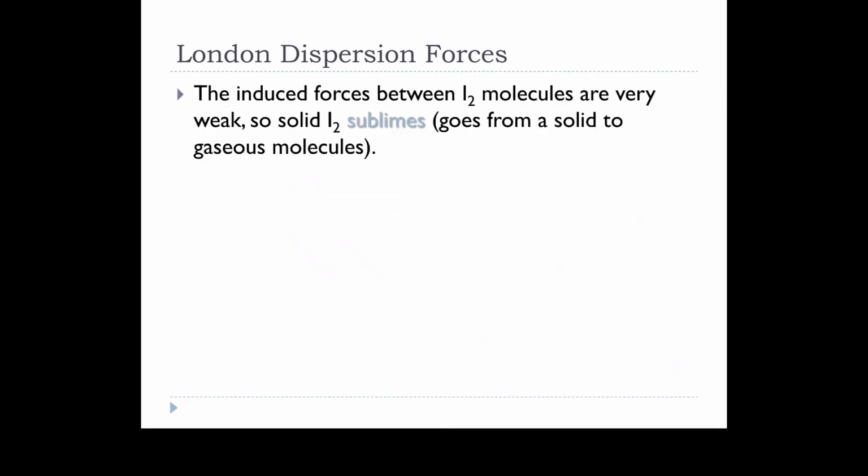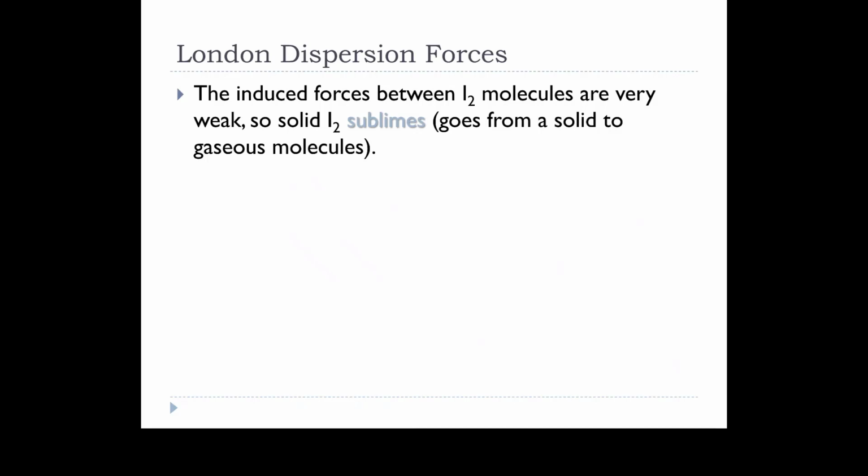So this leads to some pretty interesting stuff. In iodine, you've got the induced dipole interaction causing those iodine molecules. So we have an I2 here, and we have an I2 over here, and they're attracted to each other. And so we get enough of those I2s, and they become a solid. And so we get crystals of iodine, little purpley black shards.